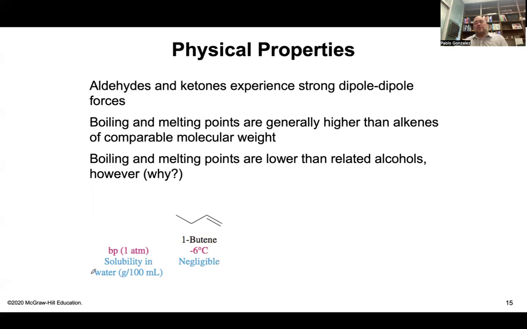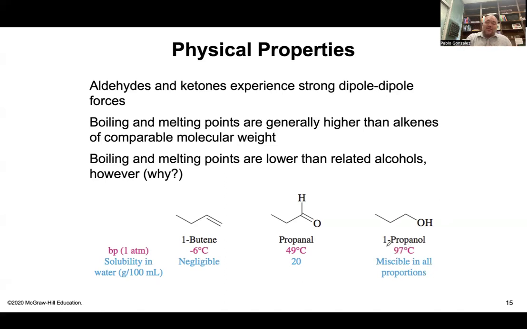So this 1-butene, for example, the boiling point is -6 degrees. For propanol, which basically has the same kind of molecular weight, the boiling point is 49. Basically, we're talking about more than 50 degrees Celsius difference between this molecule and this molecule. And if we compare that with propanol, which is basically the alcohol, there's going to be around 50 degrees difference between the alcohol and the aldehyde.